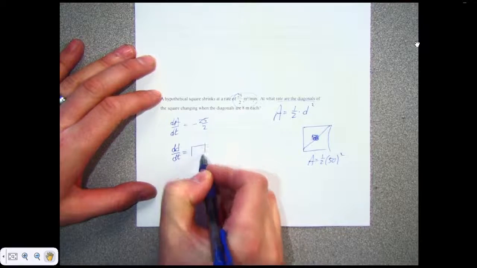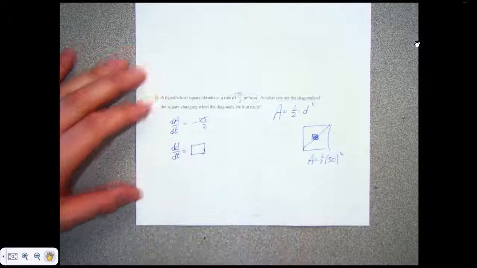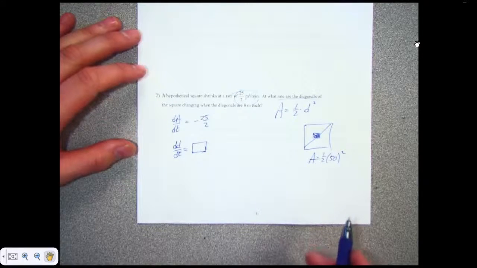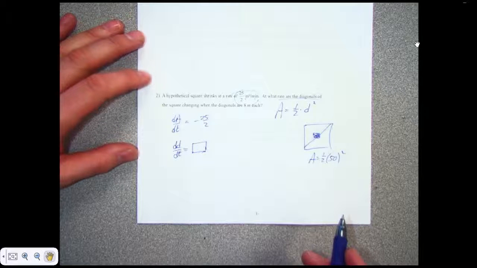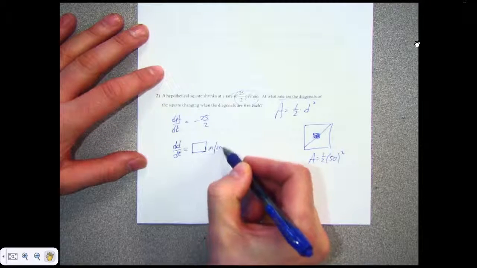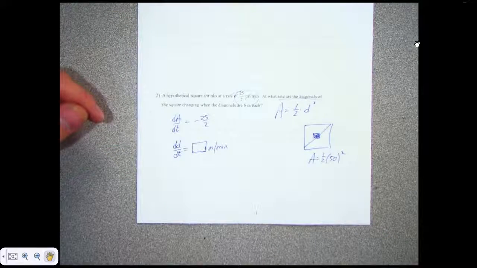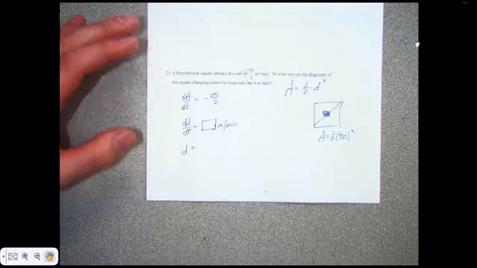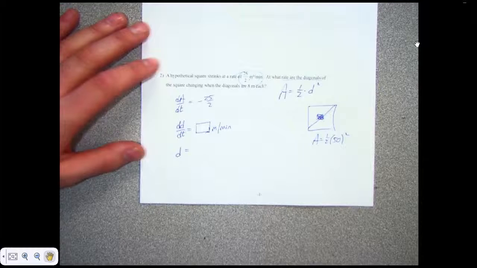And that's what I don't know. What would the label be on that? Meters per minute. And what they do tell me is the diagonals, sorry, d is what? 8.